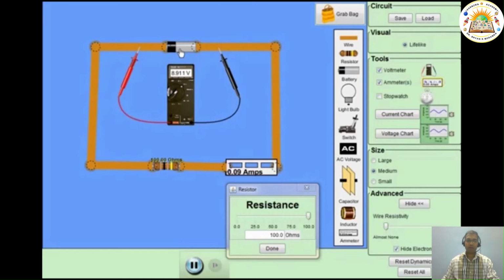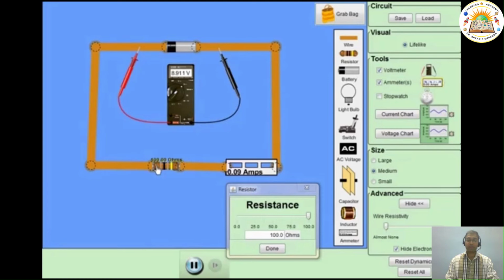Now the reason why this voltmeter is reading 8.911 volts and not 9 volts is because I have kept the internal resistance of this cell as 1 ohm. In the real case we have to look at internal resistance, and that is why I have made sure there is a minimum internal resistance of 1 ohm, whereas we have an external resistance of 100 ohm. So the external resistance is greater than the internal resistance.